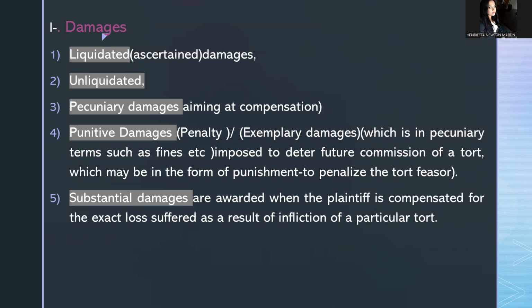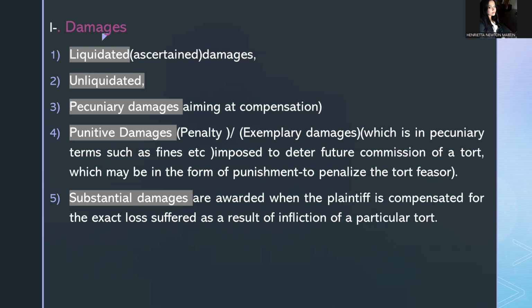Next is punitive damages. Punitive, by the word punitive, what should immediately come to your mind is something related to penalty, something related to punishment. So punitive damages or penalty, it's also called exemplary damages, which is in pecuniary terms, that is in money terms, such as fines.